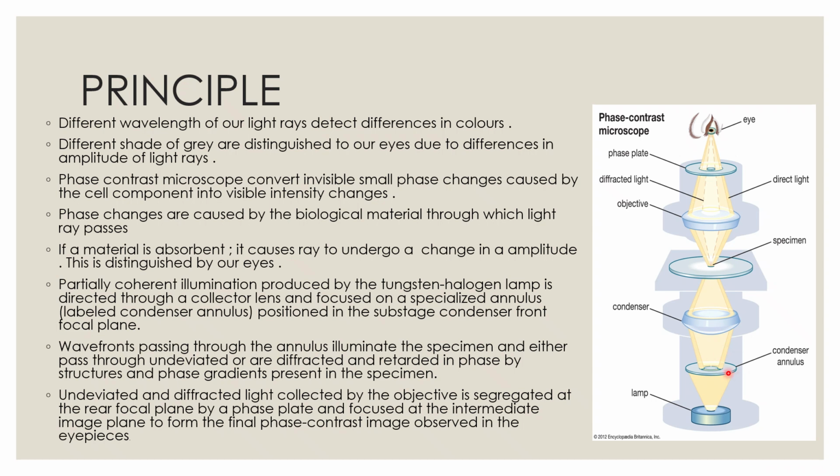Now coming to the principle of the phase contrast microscope. This is a ray diagram of it. First is the lamp, which produces light. Then comes the condenser annulus. This is the extra component which we can see in the phase contrast microscope, and it allows a hollow cone of light to pass.